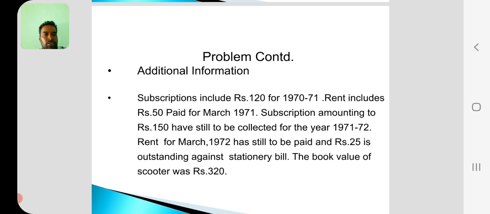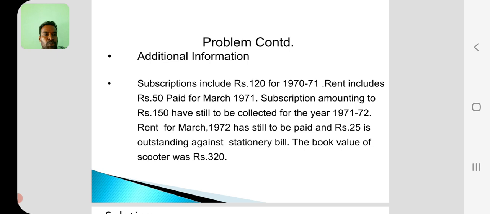Subscription amounting to rupees 150 has still to be collected for the year 1971-72. Rent for March 1972 has still to be paid, rupees 25. The outstanding against stationery bill. The book value of the scooter was rupees 320.